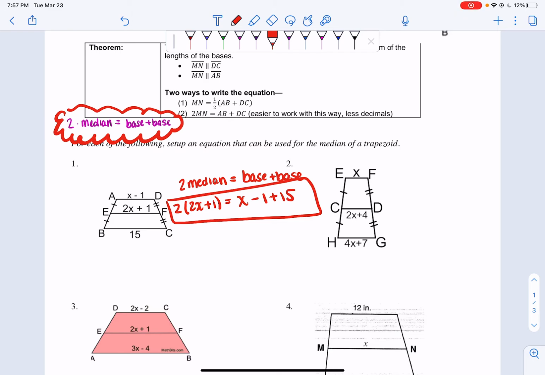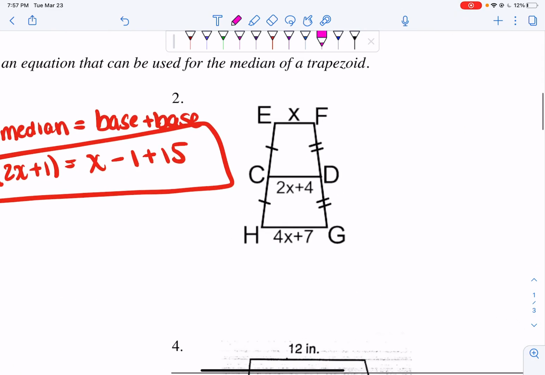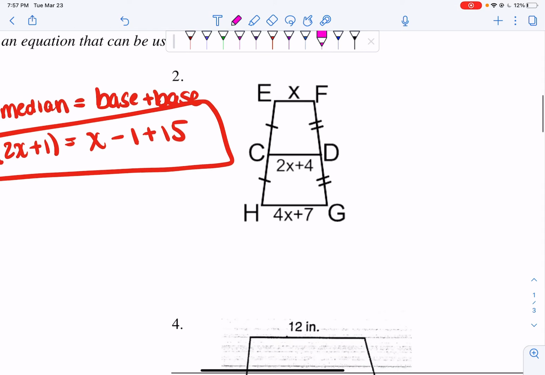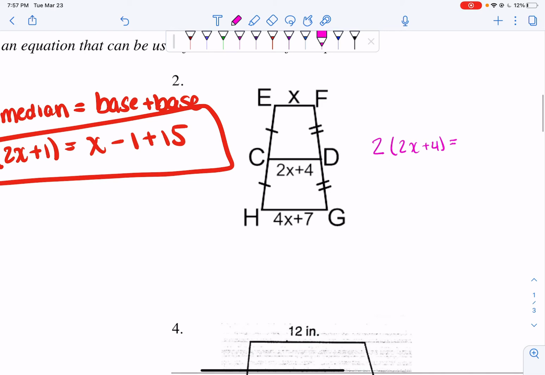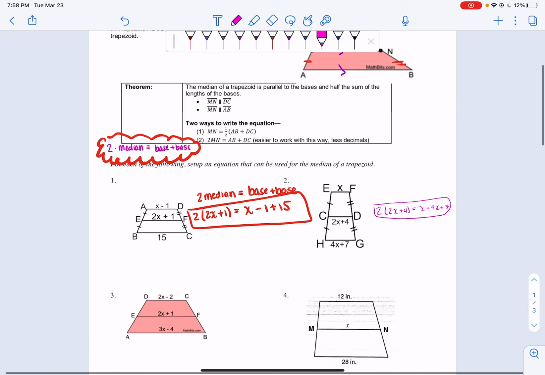Number 2, I've got my median of 2x plus 4, and my bases of x and 4x plus 7. I can double my median, which is 2x plus 4, and set it equal to the sum of my bases, so x plus 4x plus 7. And this is your final answer for your setup.